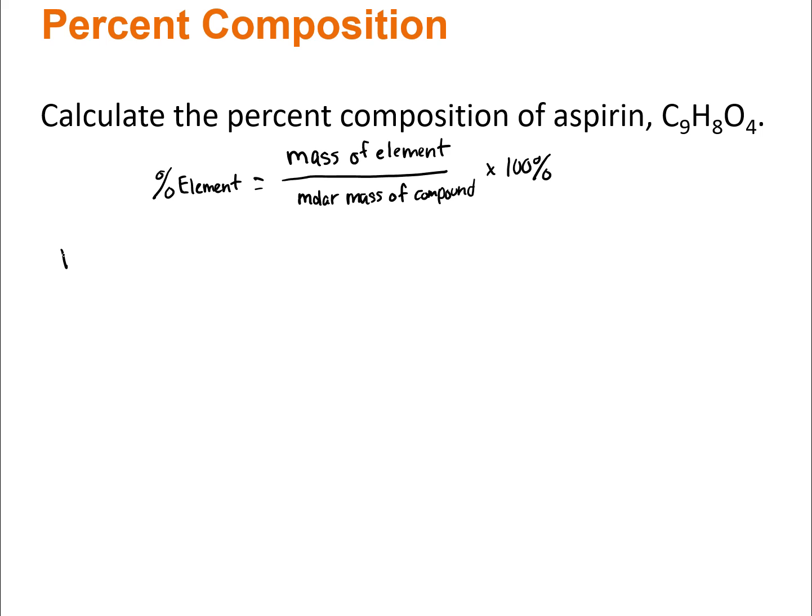The first thing you need to do is calculate the molar mass, which I abbreviate MM, of aspirin. We've got 9 carbons, 8 hydrogens, and we've got 4 oxygens.